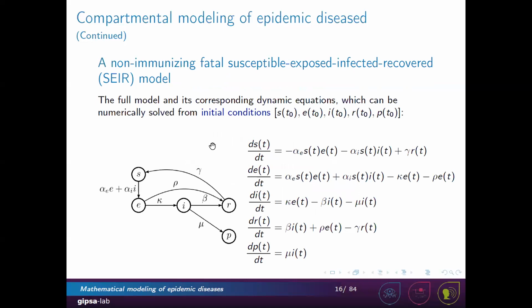Okay, if we put together all of these elements, we have this model on the left, and on the right, we have the nonlinear dynamic system, which is the equivalent of this graphical representation on the left. We can check how this model has been written.